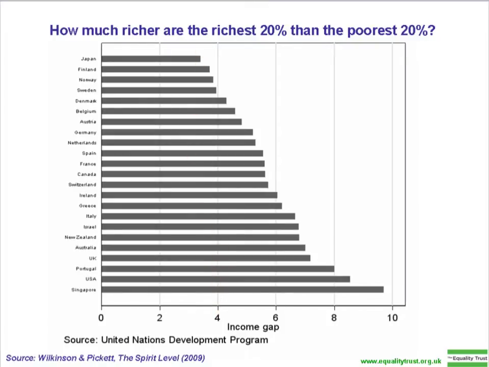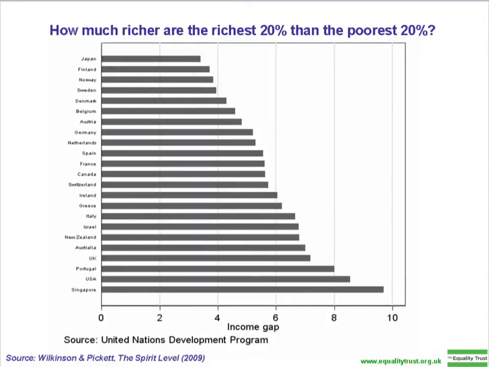And at the bottom of the chart, we've got the developed countries that are much more unequal in terms of income. In countries like the UK and Portugal, the US and Singapore, the gap between the richest 20% and the poorest 20% is about twice as much as it is in the more equal developed countries.